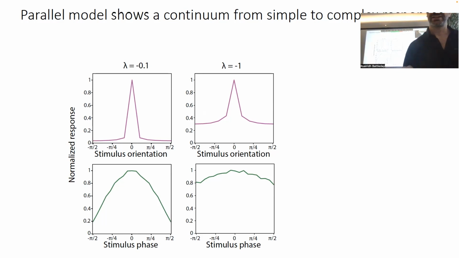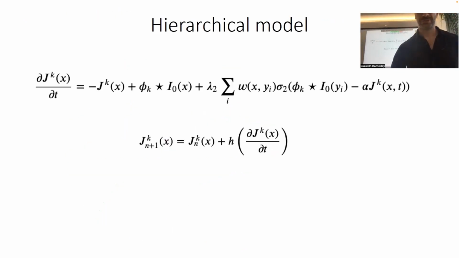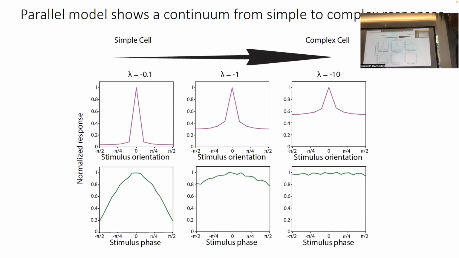And as we increase lambda further, the unit becomes completely phase invariant. So maybe those numbers were not good to show that there is a continuation from simple cell to complex cell behavior, but there is a gradual change, like if you see the green, from phase selective to phase invariance.